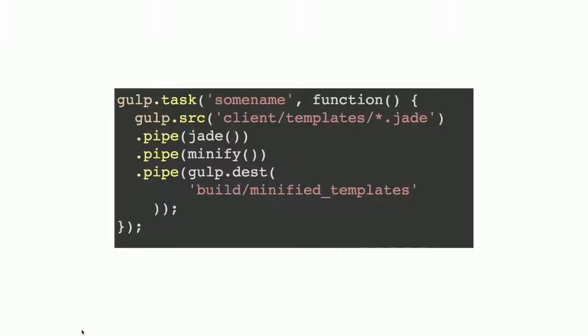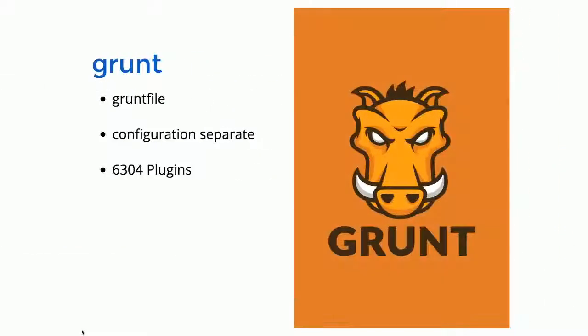So from Gulp we go, I would say, one step back to Grunt, which is also a task runner. Instead of a Gulp file, you have the Grunt file, which is also JavaScript, but in comparison to Gulp, it has a lot more convention you have to follow to get your tasks to run.